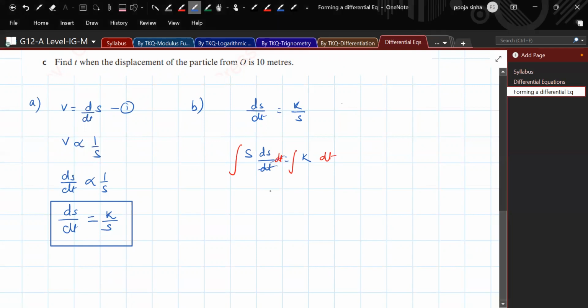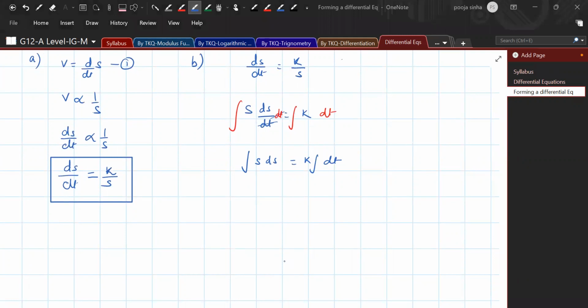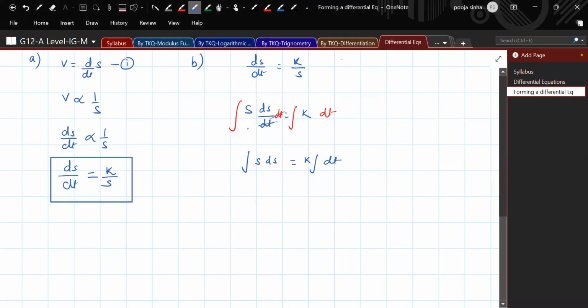This and this get cancelled. So what am I left with? I am left with only s ds is equal to the integration. k is a constant, so k comes outside. Integration of dt, correct? Are you agreeing with me? But then dt is anyways going after integration, right?